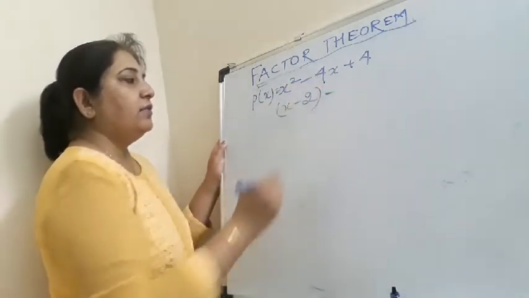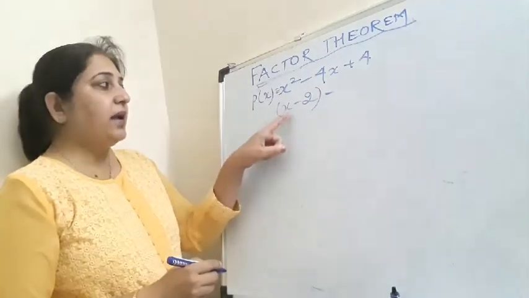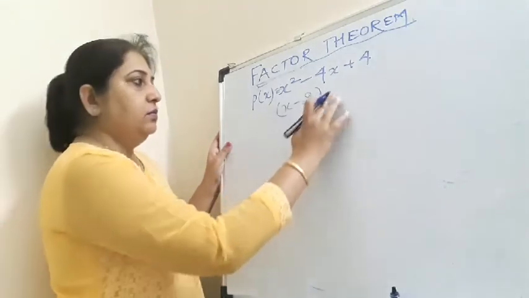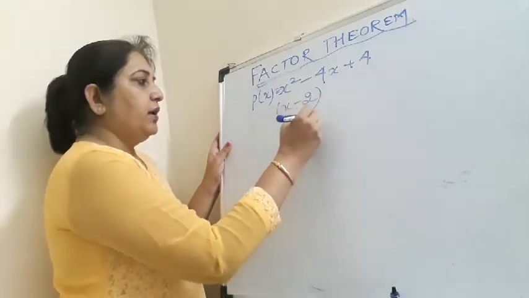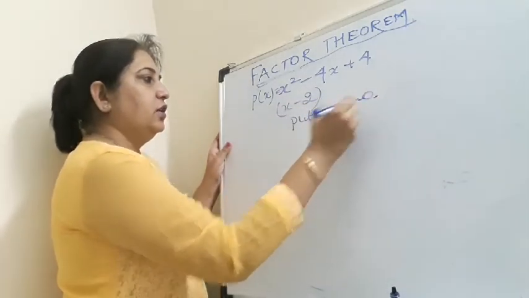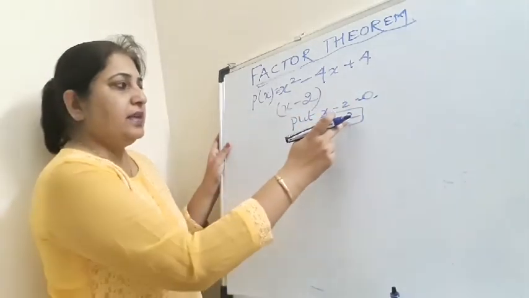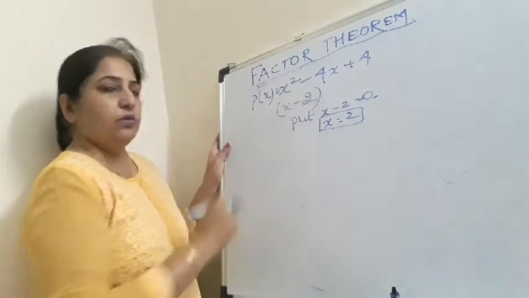Now you have to find out whether x minus 2 is a factor of this given polynomial or not. So you will put x minus 2 equal to 0, and that will give you x as 2. Now this x equal to 2 will be substituted here.